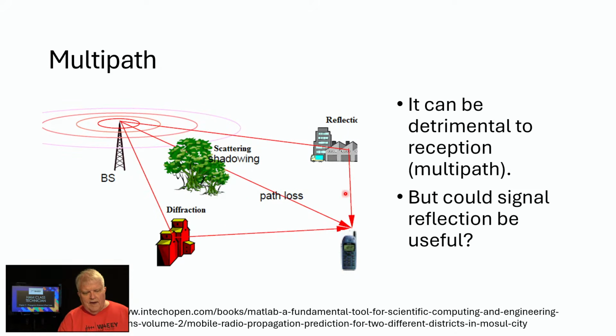The point I want to make about the various paths is that sometimes they can be additive and make the signal stronger. Sometimes they can come in out of phase and be subtractive and make the signal go away. We're going to talk more about that in just a sec.